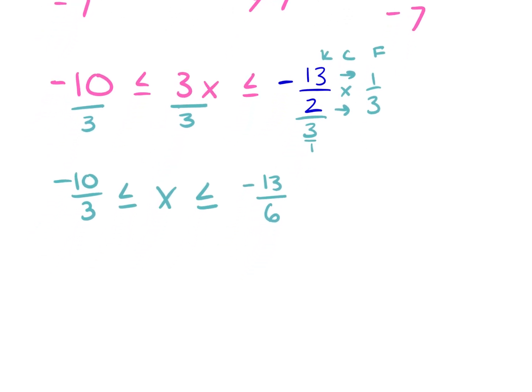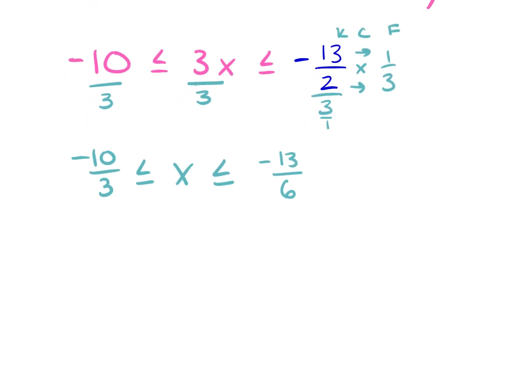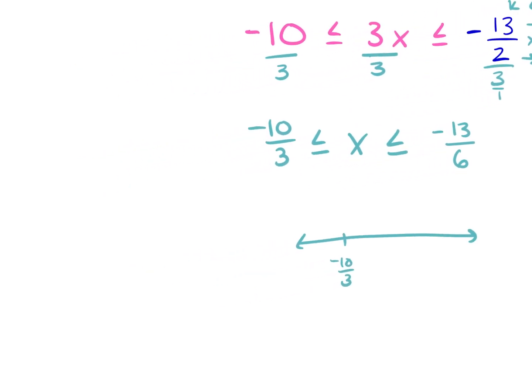Which number is smaller? Negative 10 over 3 is actually smaller because it's a bigger negative, right? So negative 10 over 3 would come first on the left. You could always check to see which one's smaller, just divide.